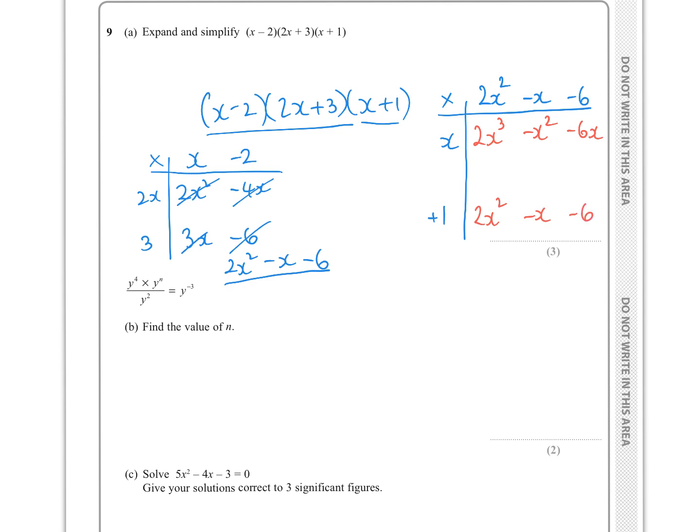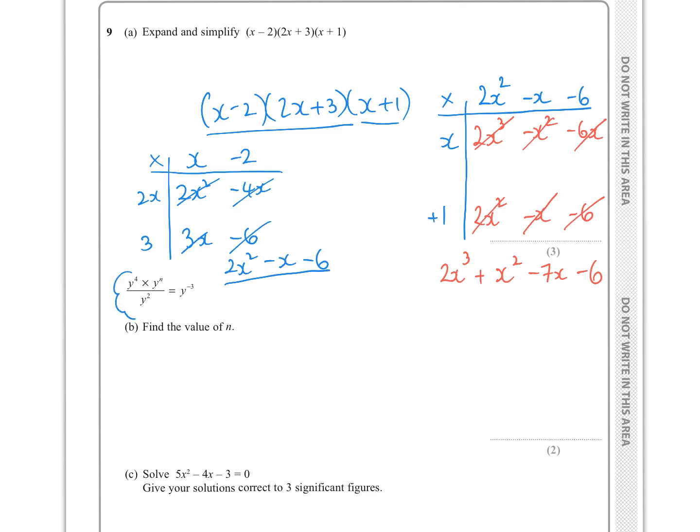Then I'm going to add these up. So I've got negative 6 minus x minus another 6. 2x squared take away x squared, that's positive x squared, and then 2x cubed. So we have 2x cubed plus x squared minus 7x minus 6.